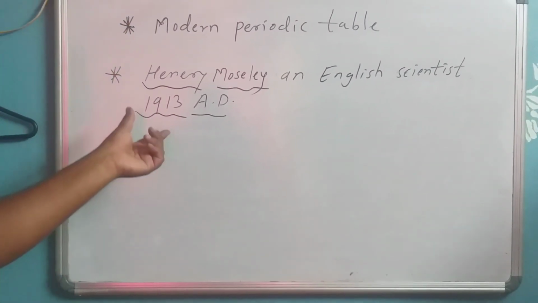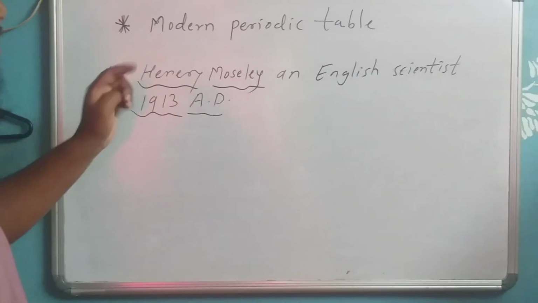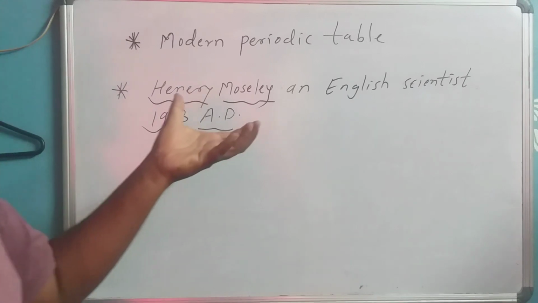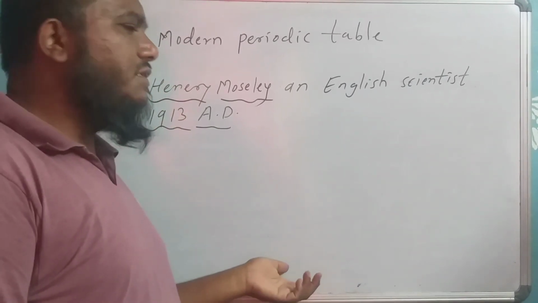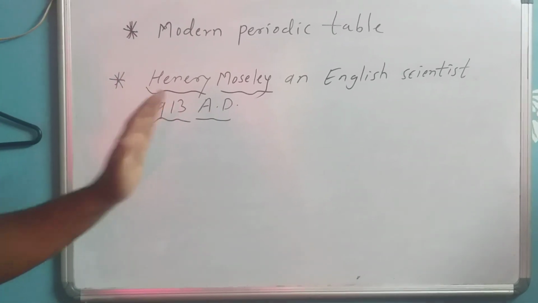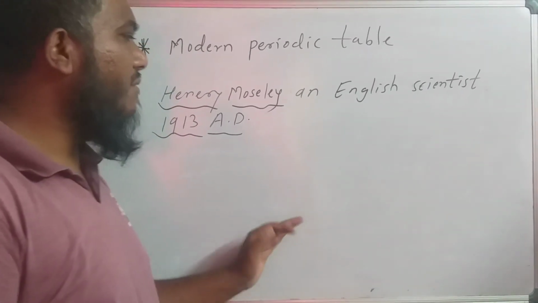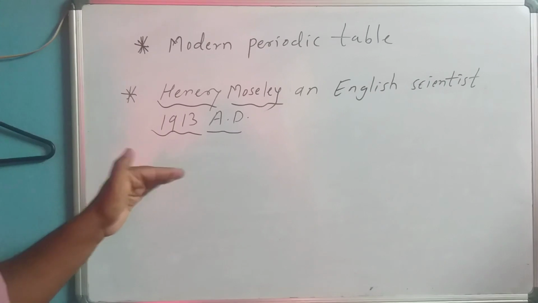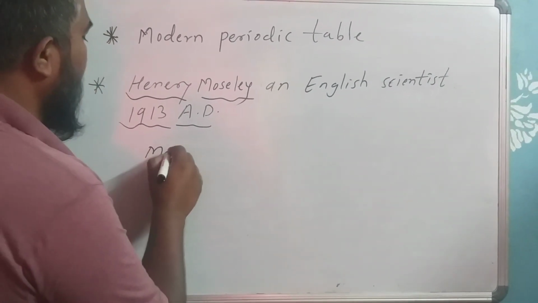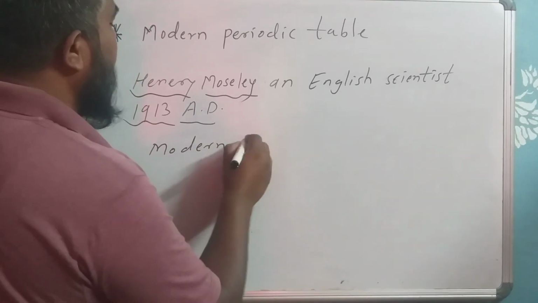They arranged the elements in a systematic manner, that is called the classification of elements, and they prepared their own law, called the modern periodic law.